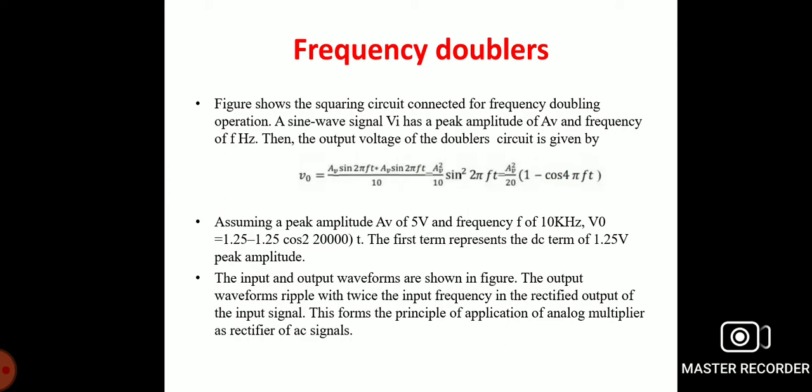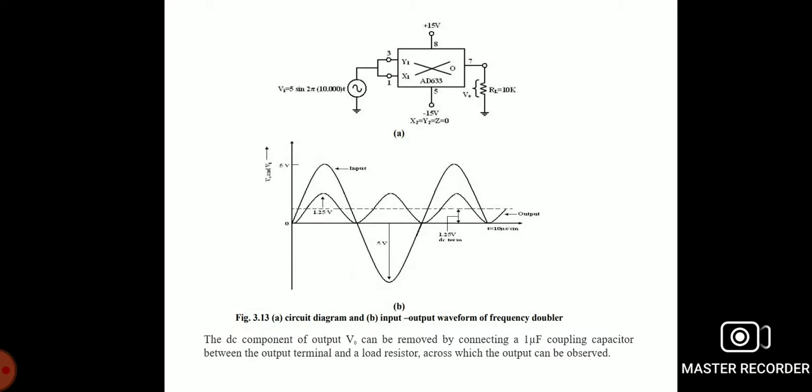Now this is a frequency doubler. The DC component of output V naught can be removed by connecting a 1 microfarad coupling capacitor between the output terminal and a load resistor across which the output can be observed. So the input terminals Y1 and X1 are both connected to the single supply voltage.